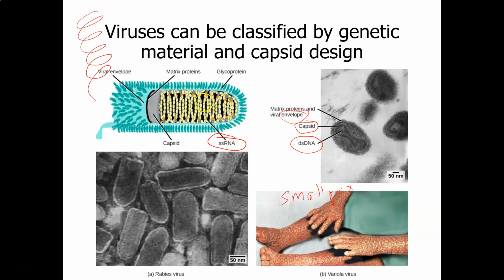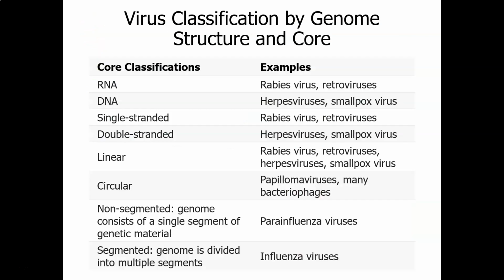So in here you can see that the virus is wrapped around like that. It's a helical shape. The actual shape of the virus itself is a helical shape, and then it is enclosed by an envelope.